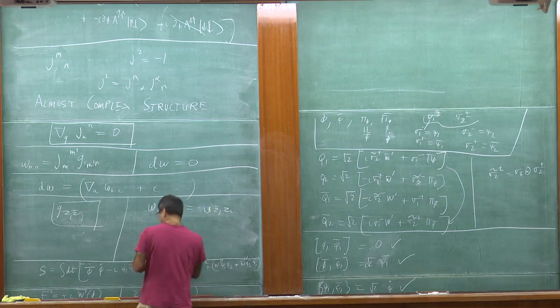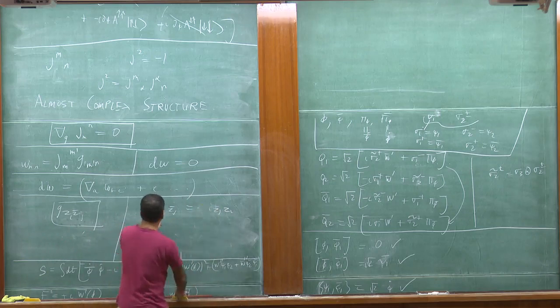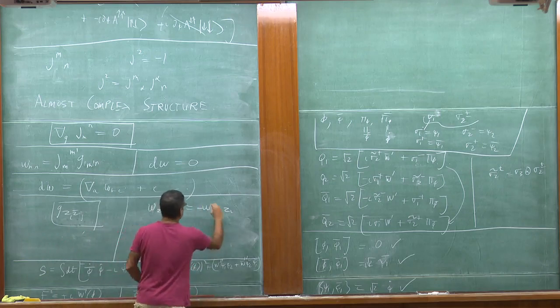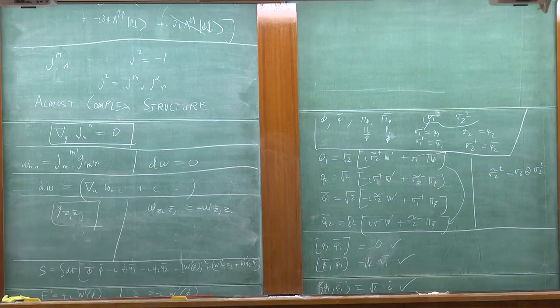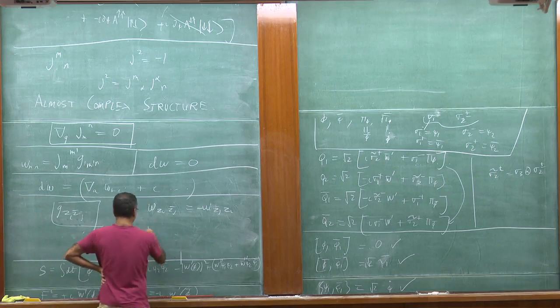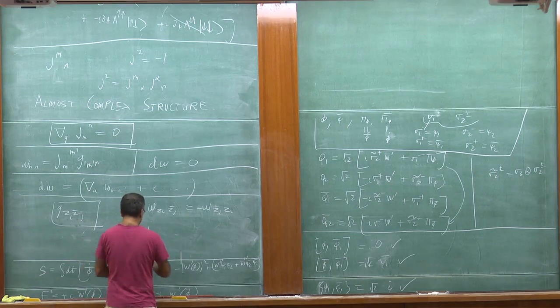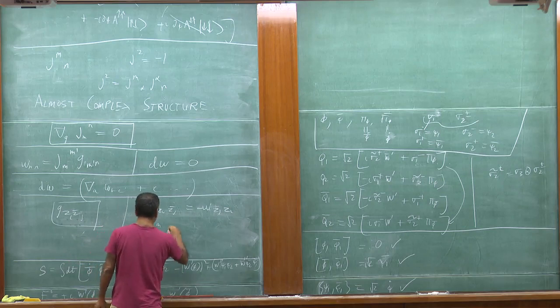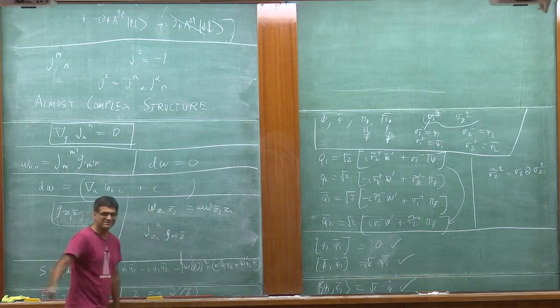Now, we want to prove that this is true: W_{z^i \bar z^j} equals minus W_{\bar z^j z^i}. Well, what was this? This was J^m_n, z^i, m, G_{m \bar z}.